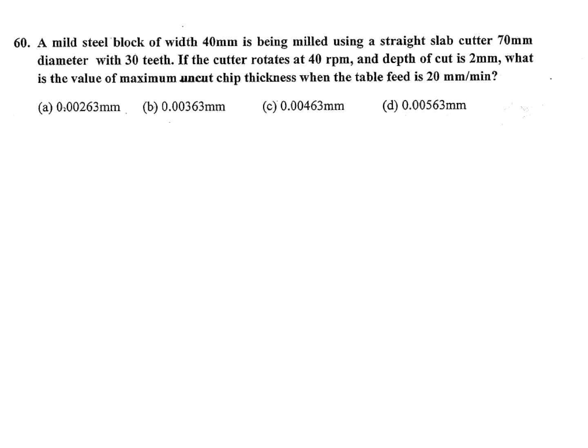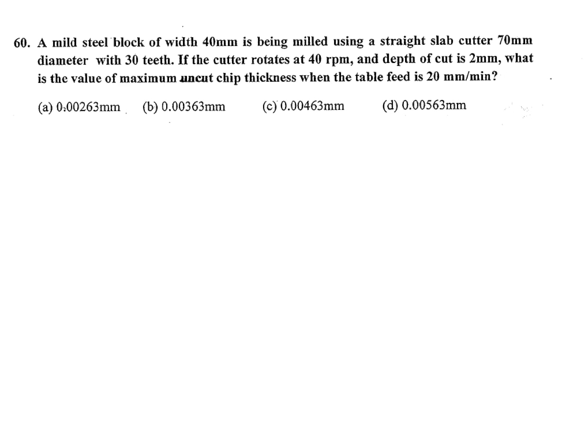A mild steel block of width 40 mm is being milled using a straight slab cutter 70 mm diameter with 30 teeth. If the cutter rotates at 40 rpm and depth of cut is 2 mm, what is the value of maximum uncut chip thickness, and the table feed is 20 mm per minute. This is important for GATE.